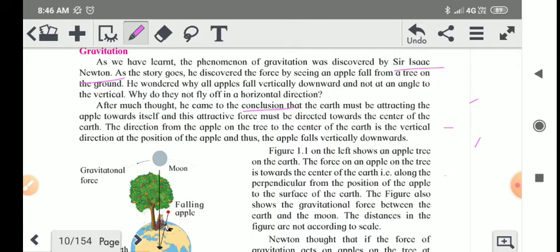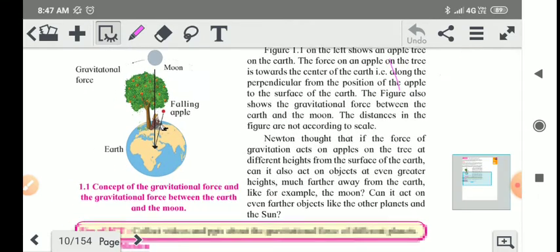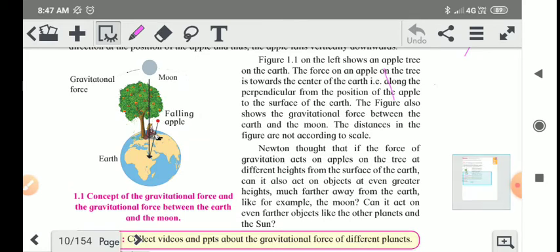So see here, a figure is given. In the figure we can see there is an apple tree. Newton is sitting under the apple tree and he is observing the falling apples. Figure 1.1 on left shows an apple tree on the earth.